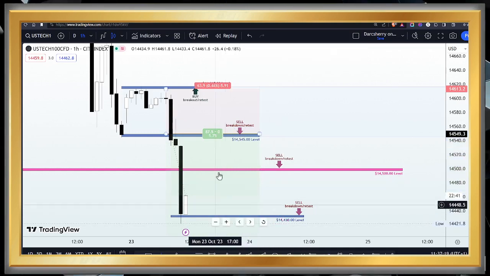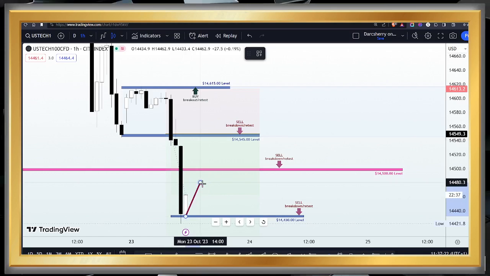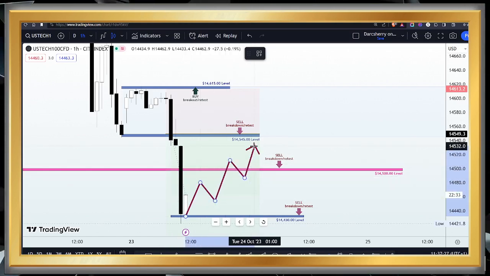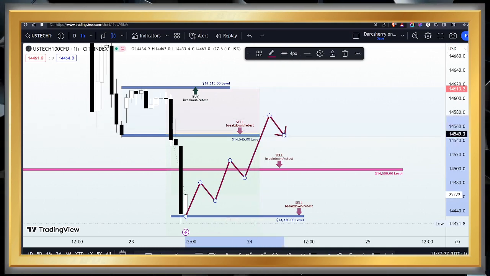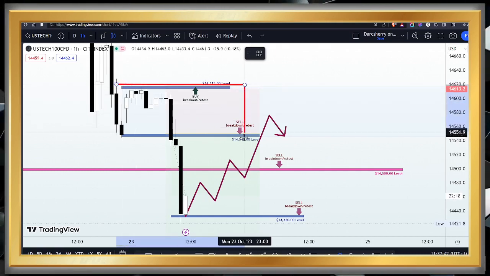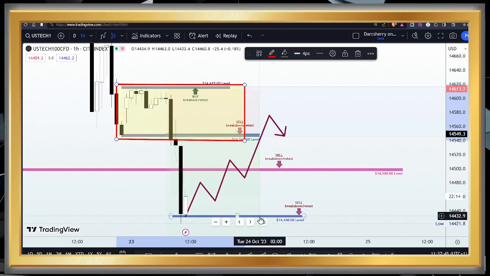Now, if price will retrace back into structure, and in fact, while it's doing the retracement, it consistently finds higher highs and higher lows, this will be a very good signal that buyers are gradually gaining momentum, but we will need it to climb back above the support line of the range we identified earlier, that is this range between the 14,615 and 14,545 area.